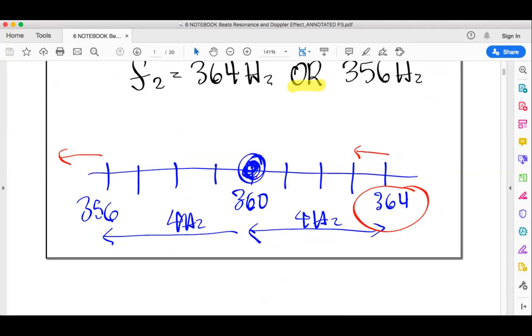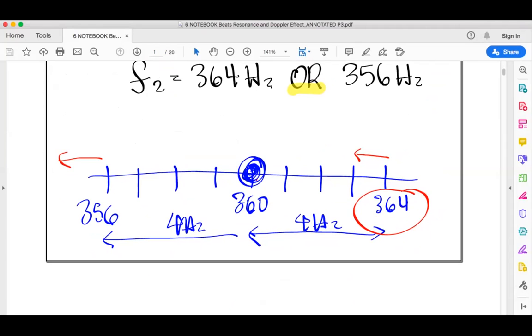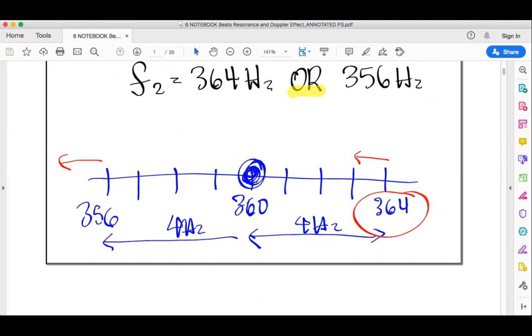For that unknown tuning fork, when we add the mass, we decrease the frequency. So when we decrease either of these numbers, which one has a difference away from 360 that is 3 hertz? And it's worth noting that when we add the mass, it only decreases the frequency a little bit.